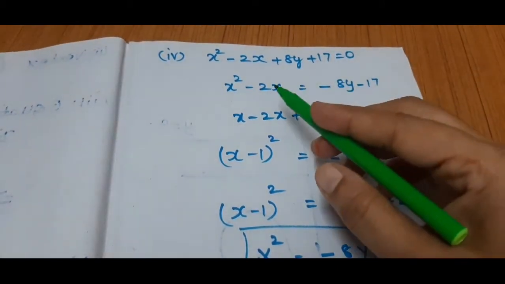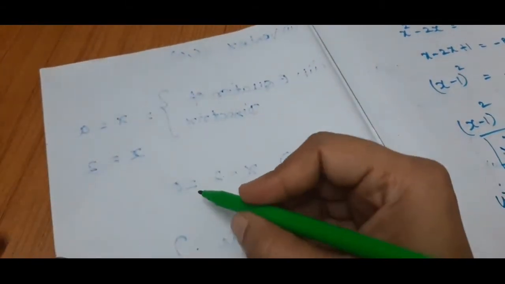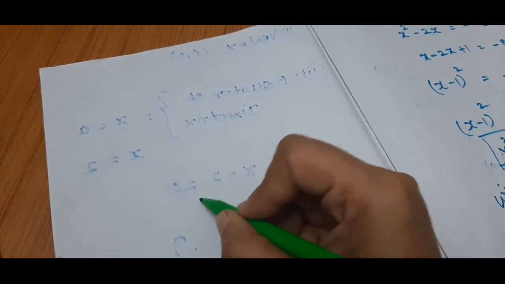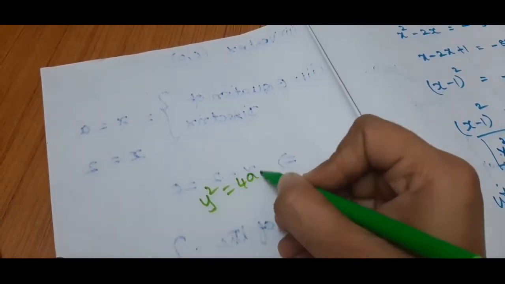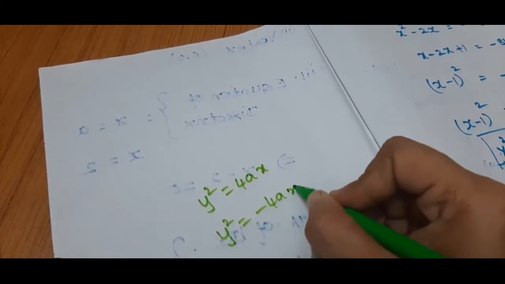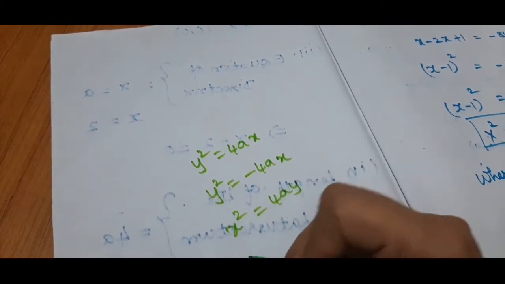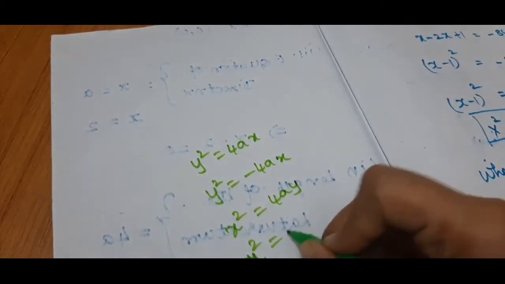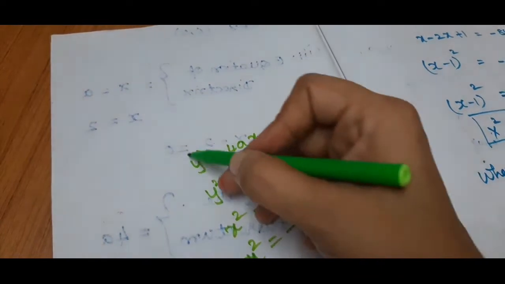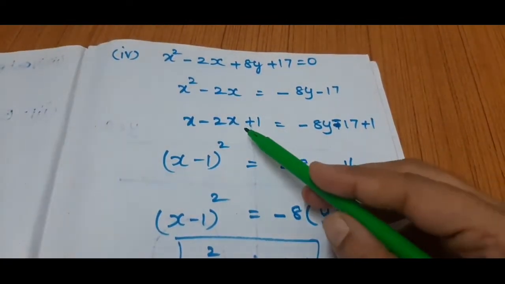I want to write the left hand side as a perfect square, because in parabola I have 4 types: y square is equal to 4ax, y square is equal to minus 4ax, x square is equal to 4ay, x square is equal to minus 4ay. So always the left hand side will be some square, so I want to make the left hand side a perfect square.